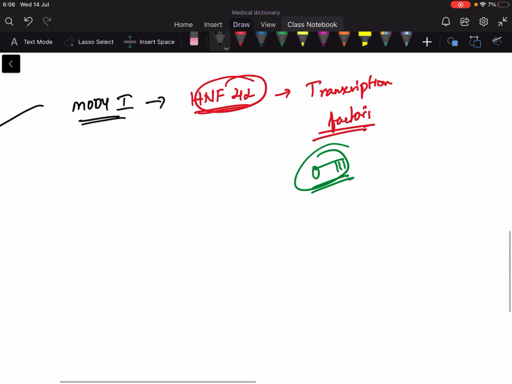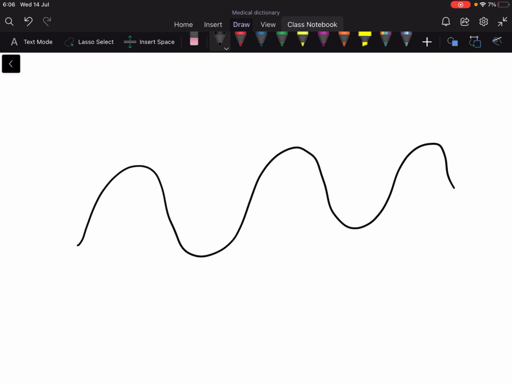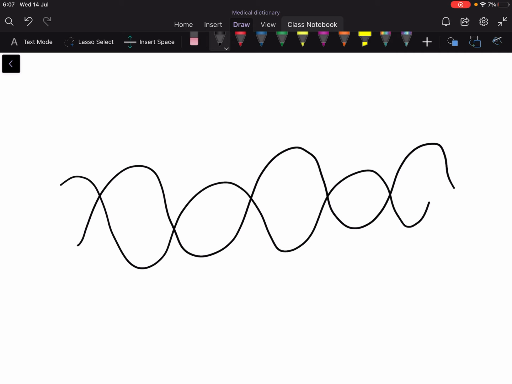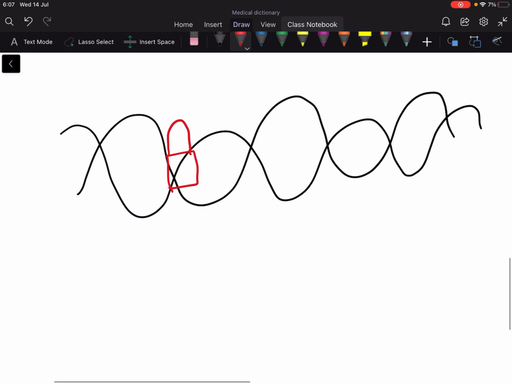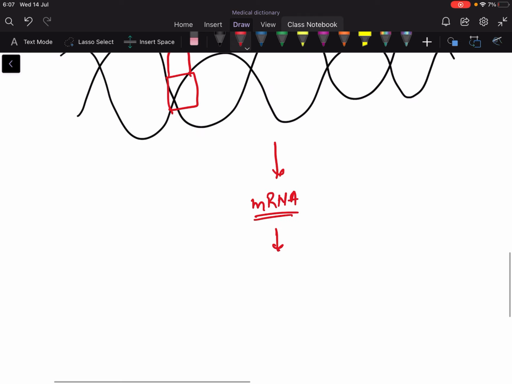So suppose there is DNA here, and this DNA is locked. If this DNA is locked, it cannot transcribe mRNA, and thus if there is no formation of mRNA, there is no formation of insulin or beta cells.